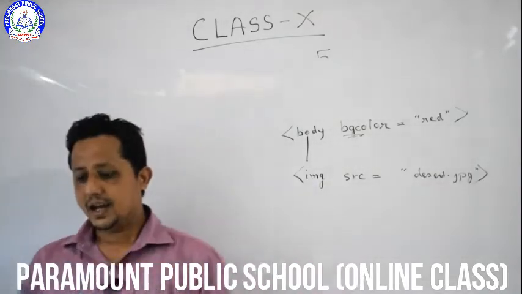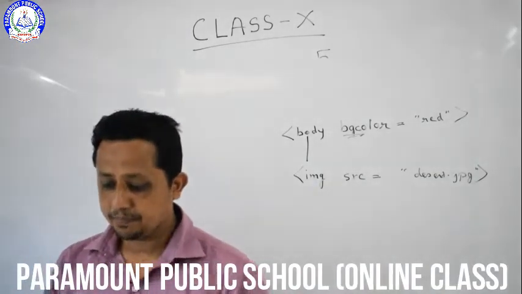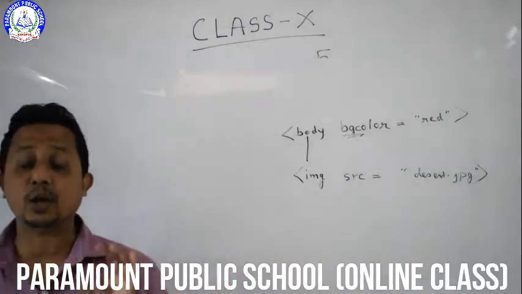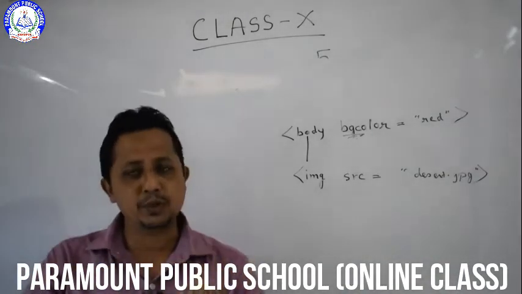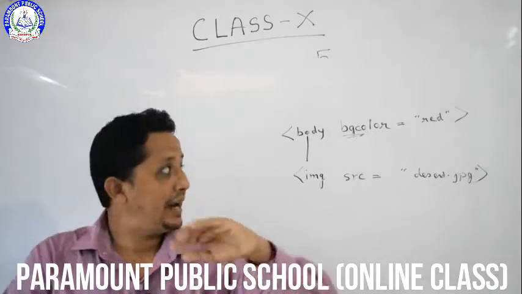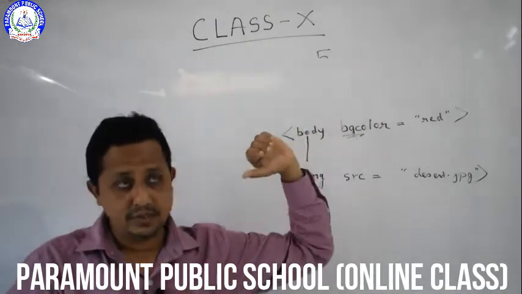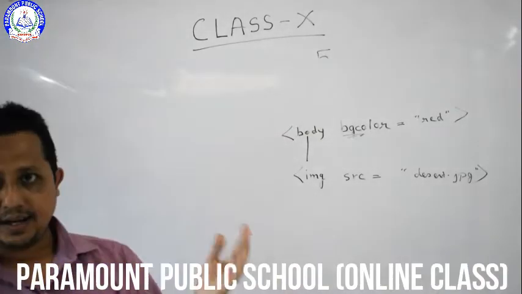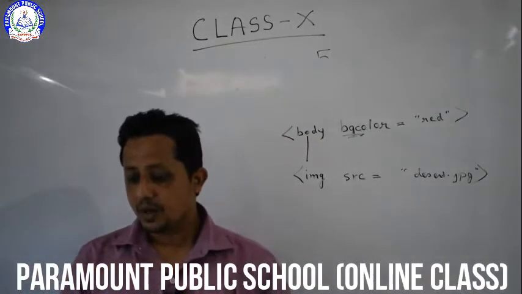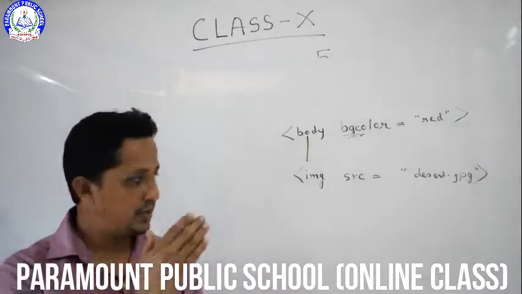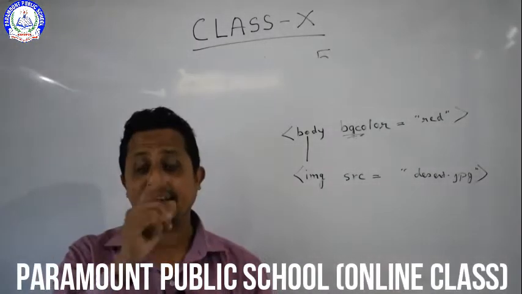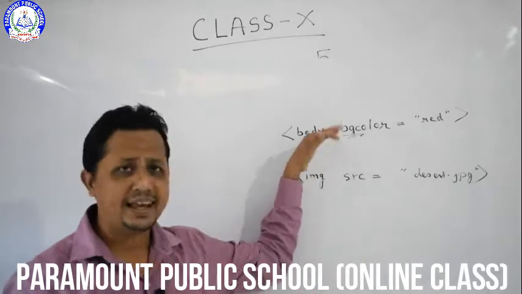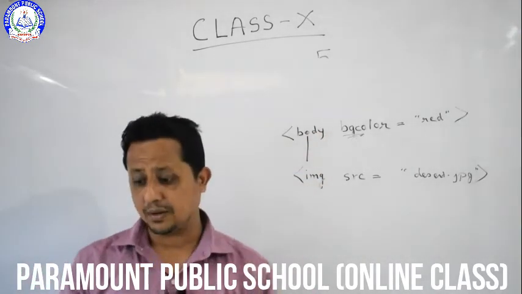So like this, in XML all the elements can have associated values, I will be showing you an example, whereas in HTML all tags do not have associated values. Body has, img has, but all cannot have.